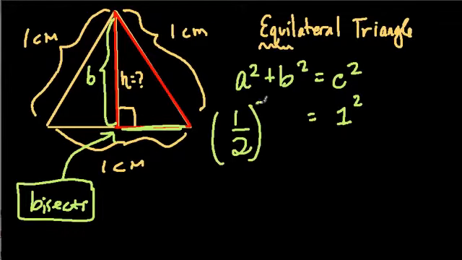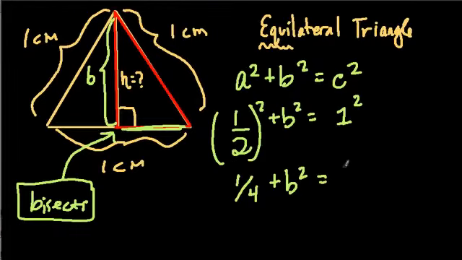So a is 1/2 squared, plus b squared is c squared. What's 1/2 squared? That means 1/2 times 1/2, or 1/4. We still don't know what b squared is. And what's 1 squared? Well, that's 1. So I want to find out what b squared is, so I'm going to subtract 1/4 from both sides.